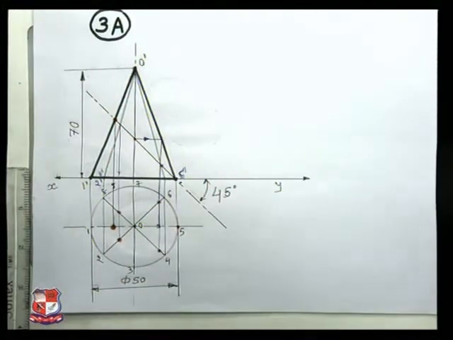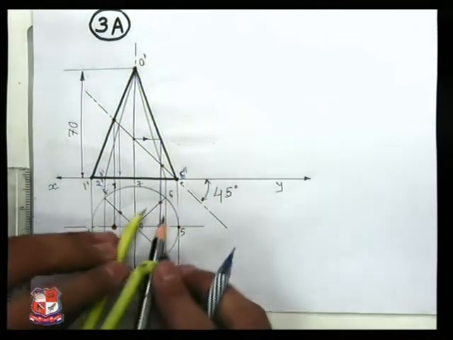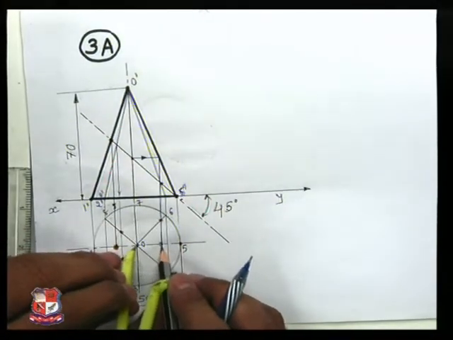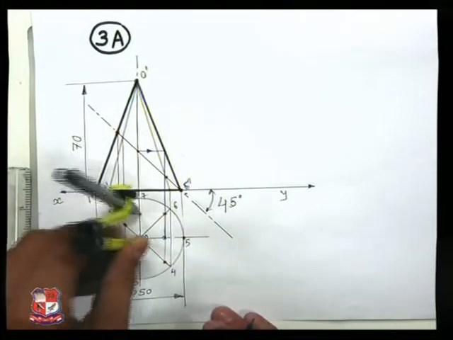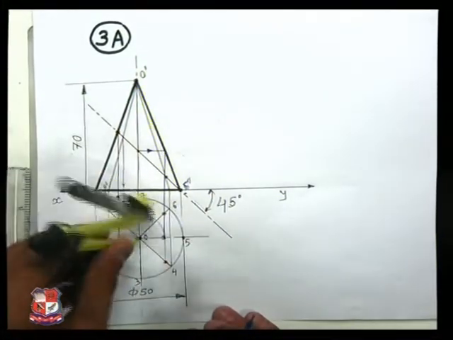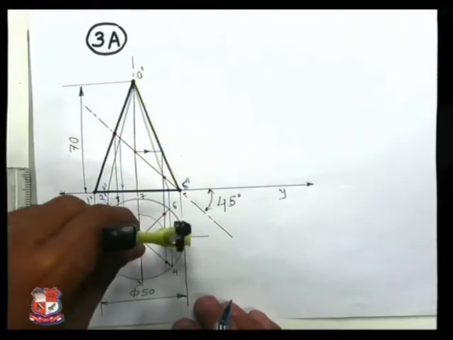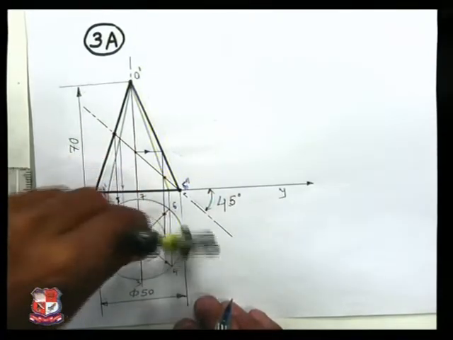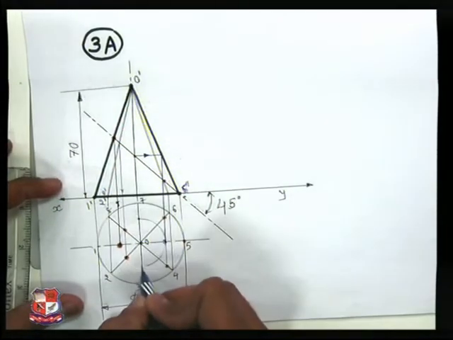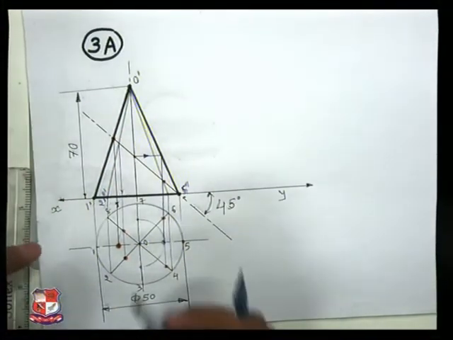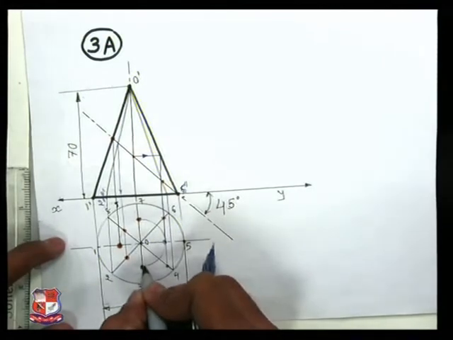Now take O dash as a center, O dash to this point as a radius, and draw arc on both the sides like this. Arc on this side like this, and arc on this bottom side like this. So arc is drawn on both sides, and that arc will cut O7 at one point and O3 at another point. So these are the 2 points that we have located.